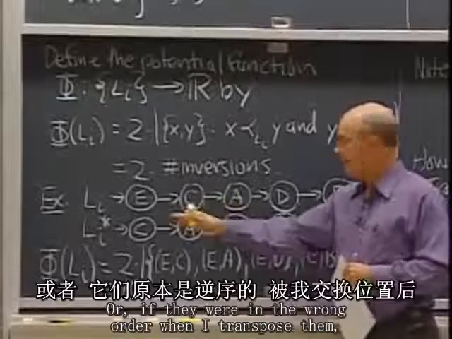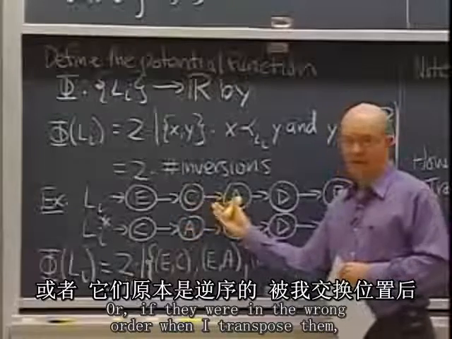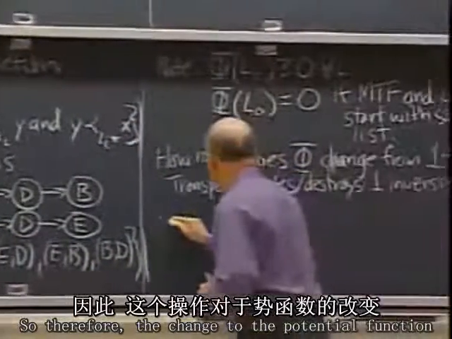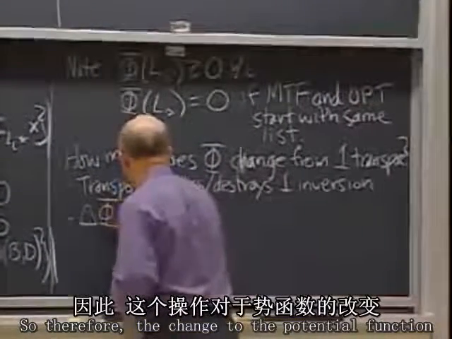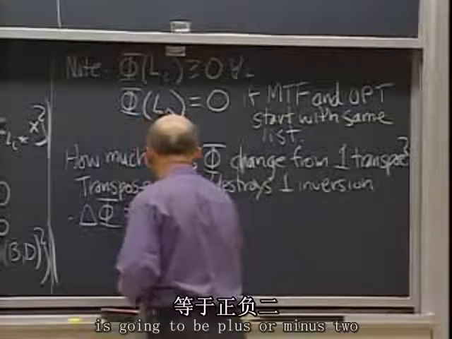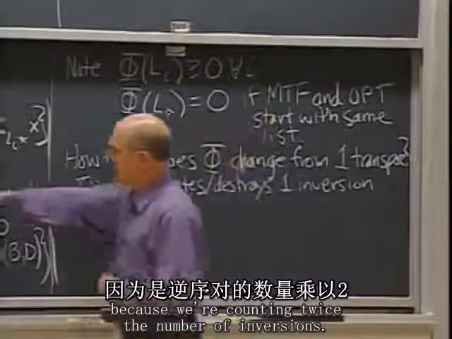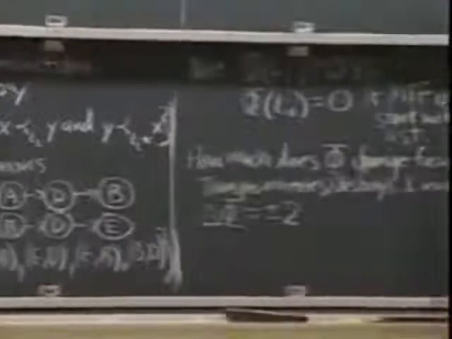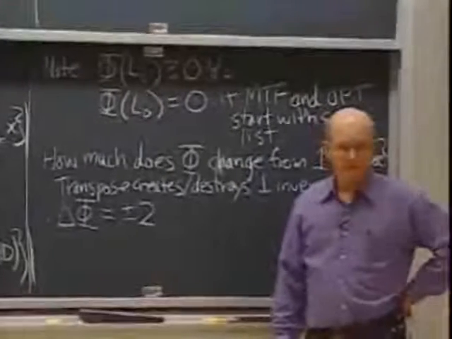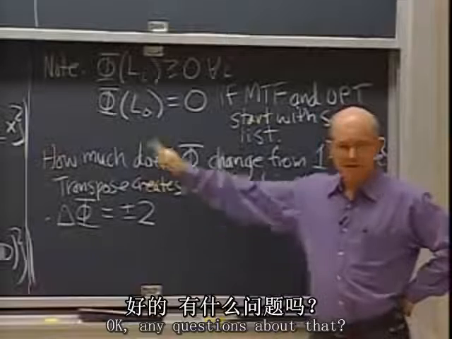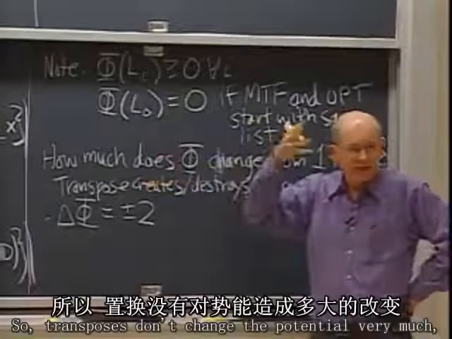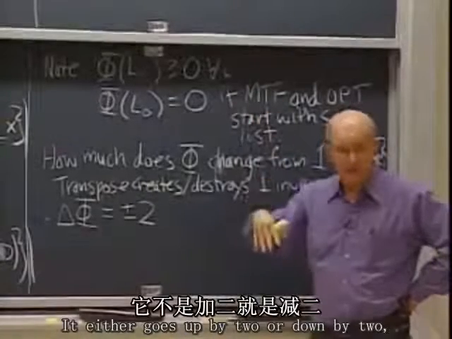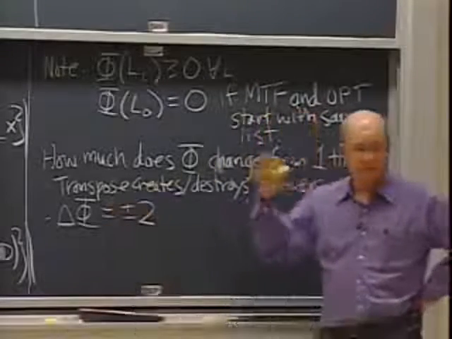Or if they were in the wrong order when I transpose them, now they're in the right order. So therefore, the change to the potential function is going to be plus or minus 2 because we're counting twice the number of inversions. Any questions about that? So transposes don't change the potential very much. It either goes up by 2 or down by 2. Just by 1 inversion.